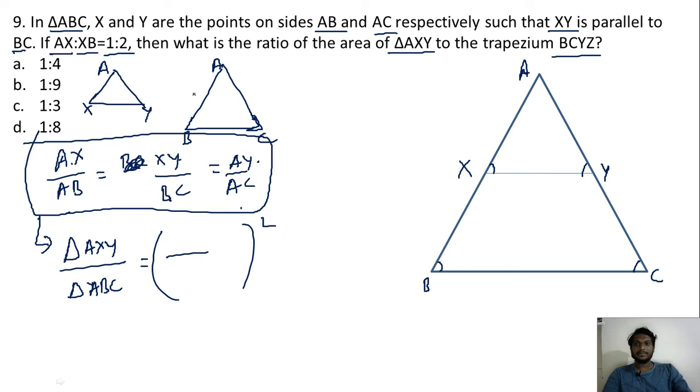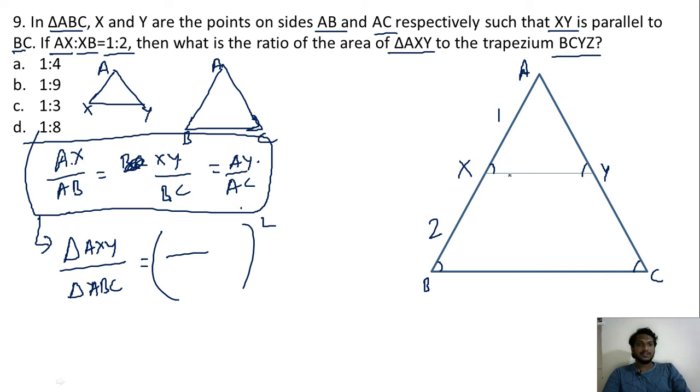Now see, here AX is to XB is 1:2. AX is 1 unit and XB is 2 units. Now from this you can find the ratio of XY and BC.